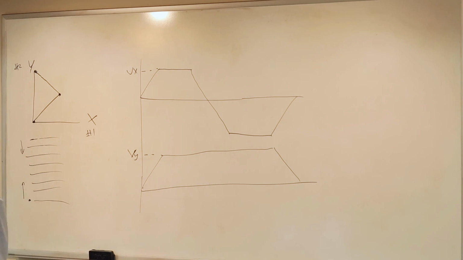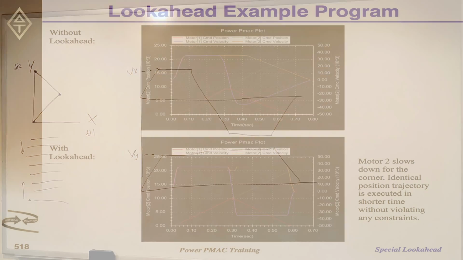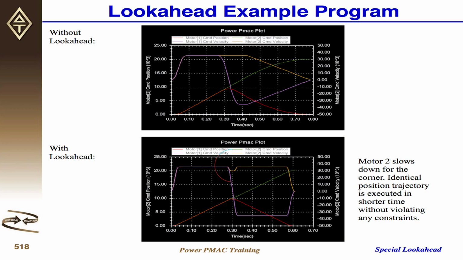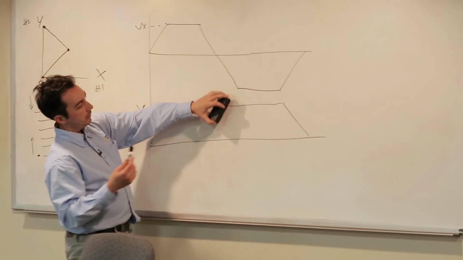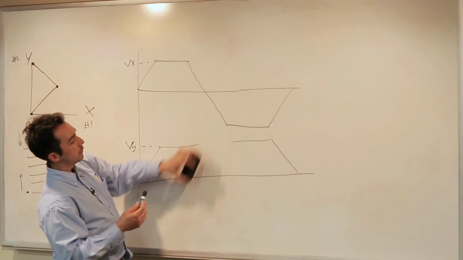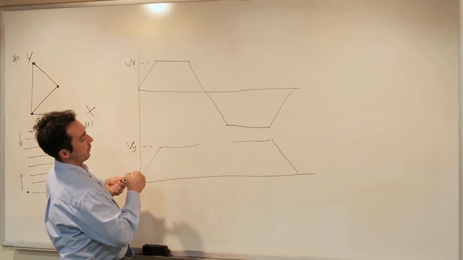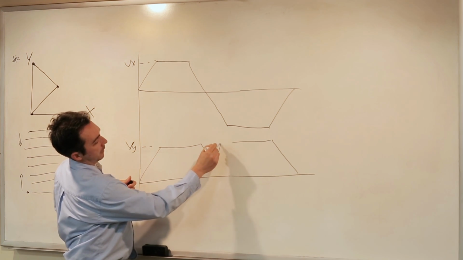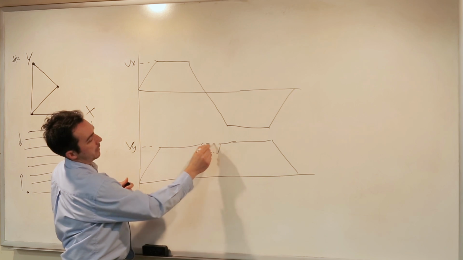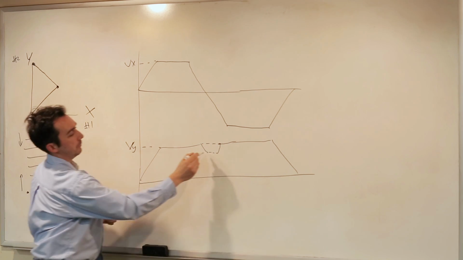When you run with the lookahead, you see there is a dip in the motor 2 velocity profile. Without it, at that point it's actually running faster than it's supposed to. With the lookahead turned on, the second motor velocity will dip like this, rather than staying straight.